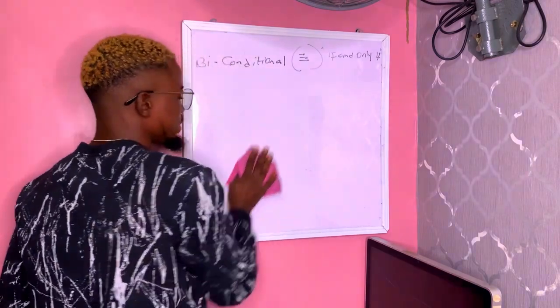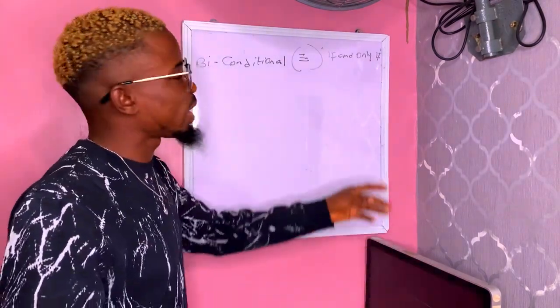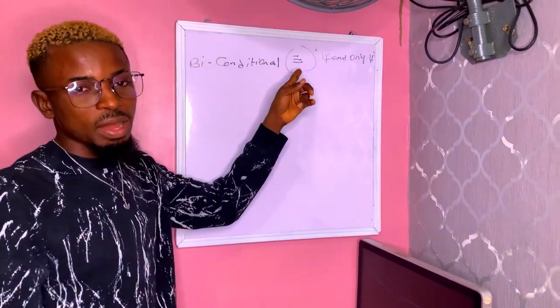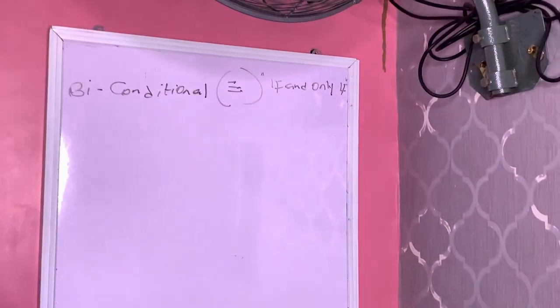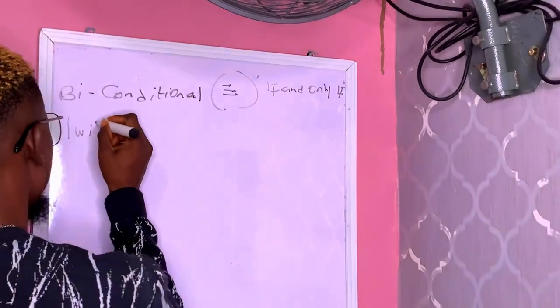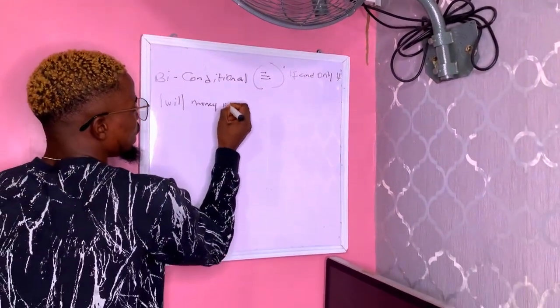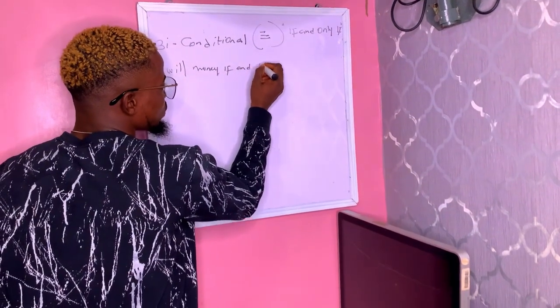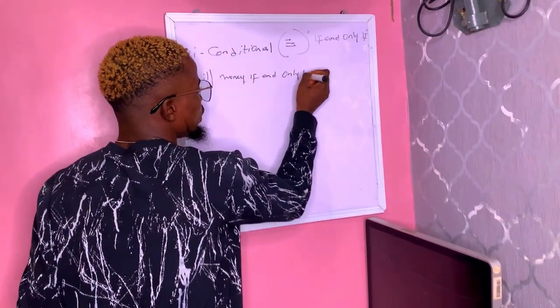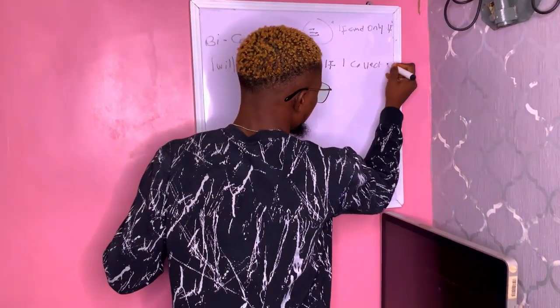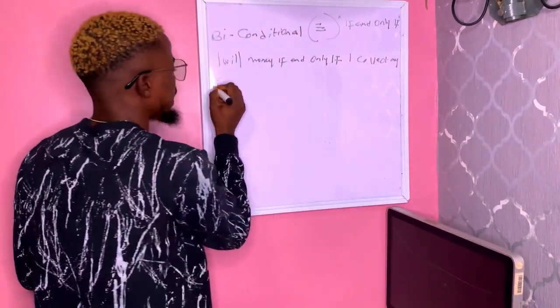Like I said, the English word that they represent biconditional with is if and only if, and this is the sign for biconditional. Let's say we have something like, I will give you money if and only if I collect my salary.